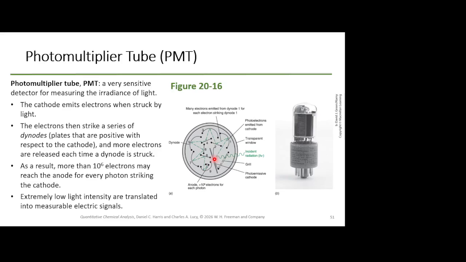And then you typically build this so that it will diffract off, where it hits a series of these photoemissive surfaces that emit more and more each time. And then finally, it goes to the final portion, the anode, which is going to detect that flow of electrons caused by this emission.